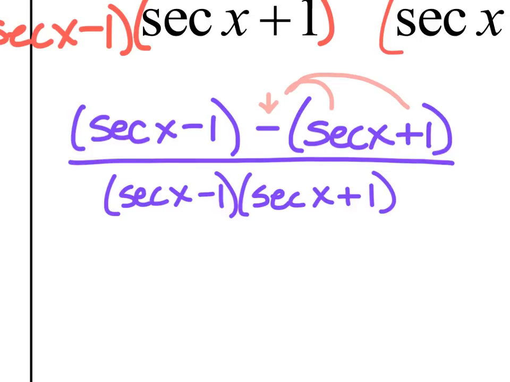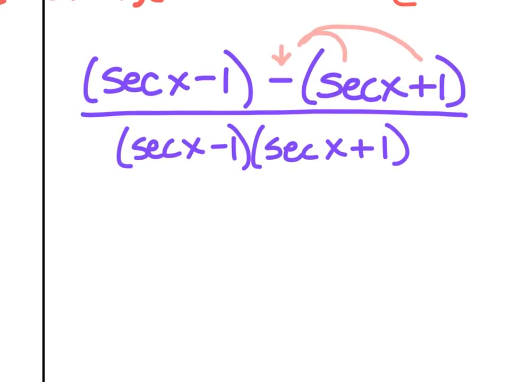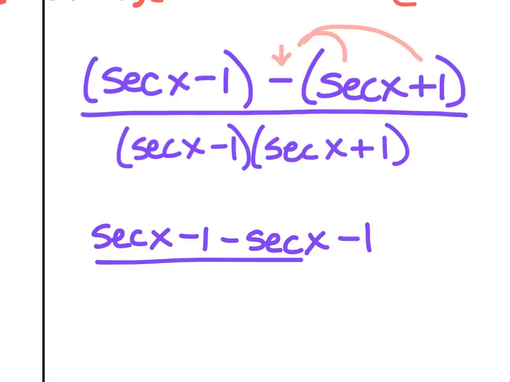And so my numerator now is going to be secant of x minus 1. The first one doesn't change at all. But then it's minus secant of x and minus 1.